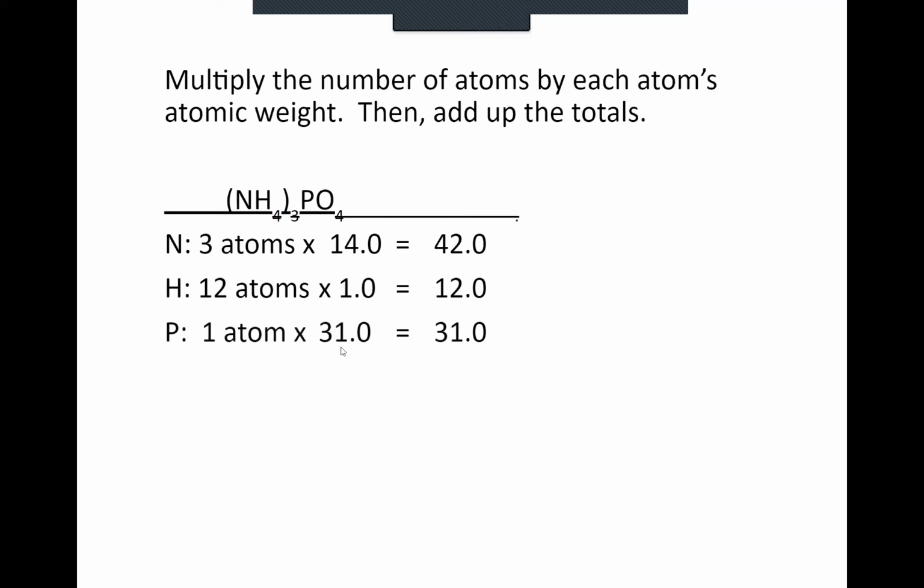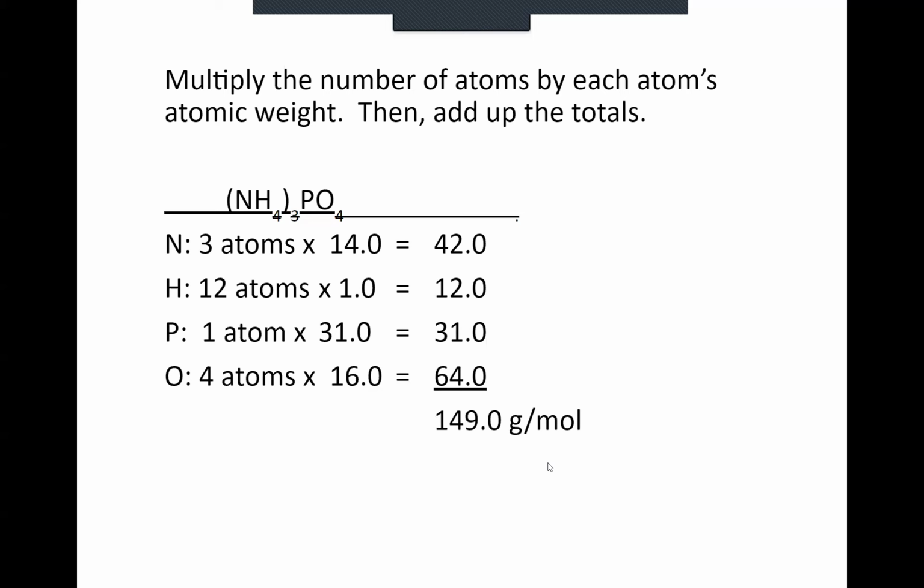Phosphorus, 1 atom times 31.0 gives us 31.0. Oxygen, 4 atoms times an atomic weight of 16.0 gives us 64.0. We add all of those numbers together and we arrive at the molar mass for ammonium phosphate, 149.0 grams for every mole.